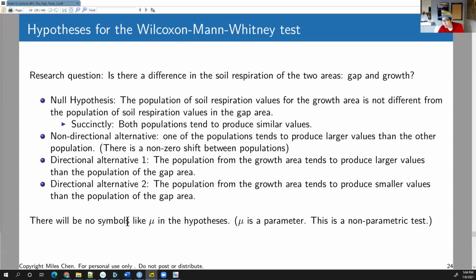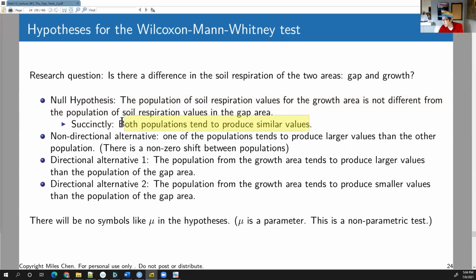So again, we don't want to make conclusions. I want to avoid statements that involve things like saying the mean of this group or the mean of that group. So this is how we would phrase our null hypothesis. The population of soil respiration values for the growth area is not different from the population of soil respiration values in the gap area.